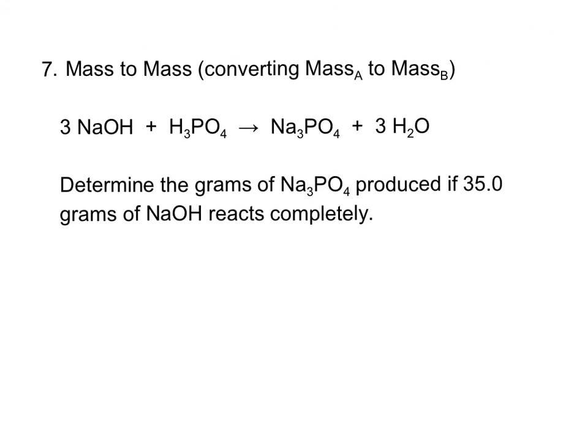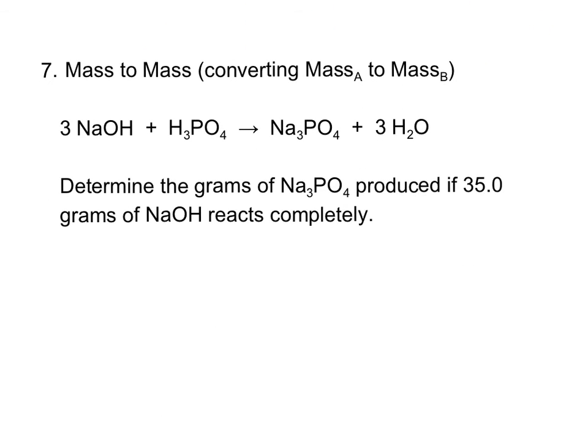All right, our last problem then, problem 7, is a mass to mass. So this one is 3 steps. 3 steps for a mass to mass problem. And let's start with what we would start with. Our known is we have 35 grams of NaOH.